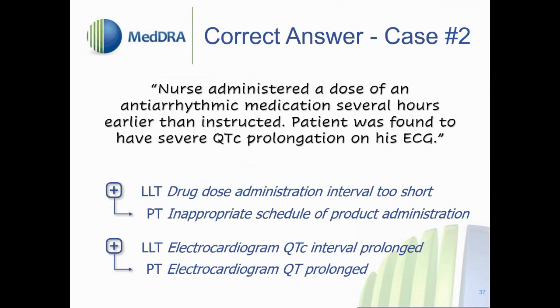I would see that as a continuous administration of an antiarrhythmic medication, where a nurse has administered one of the doses too early, and then the patient suffered a severe QTC prolongation on his ECG. But it may depend on the case description.